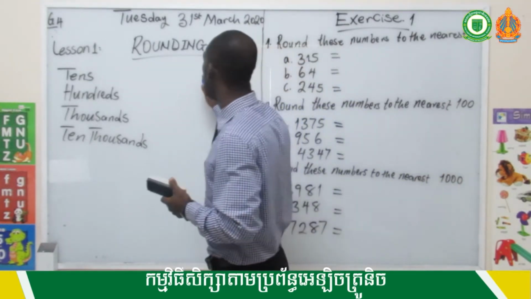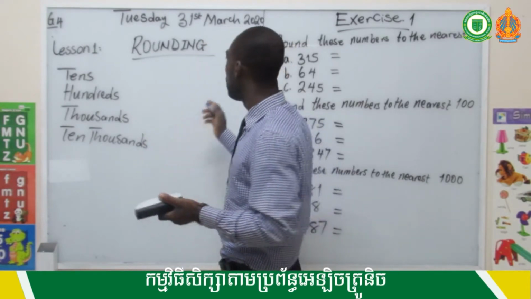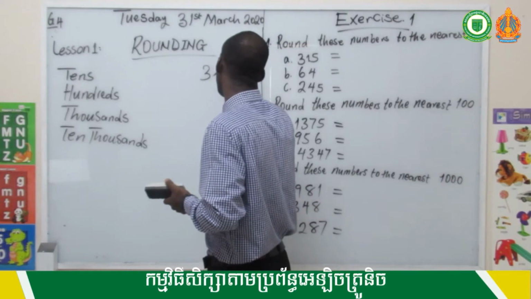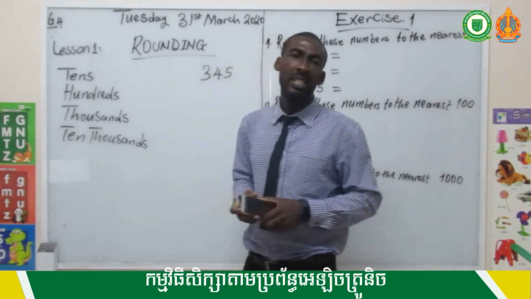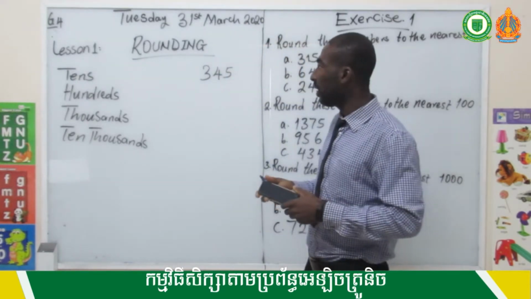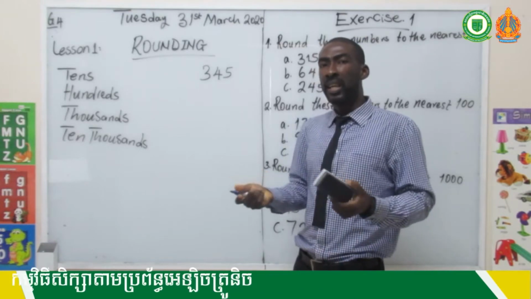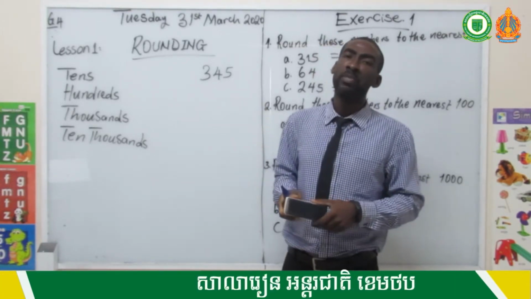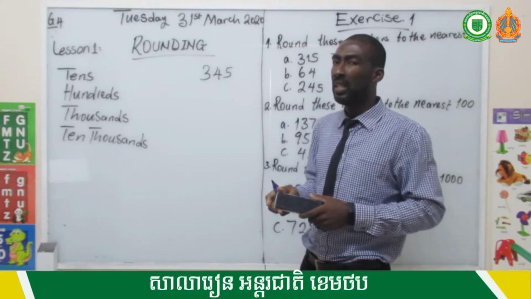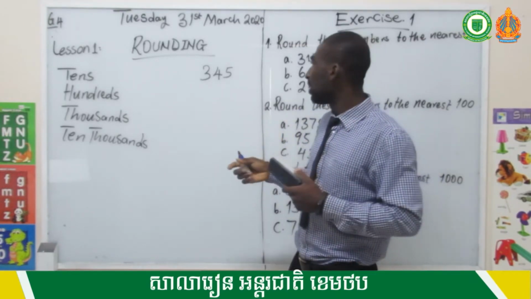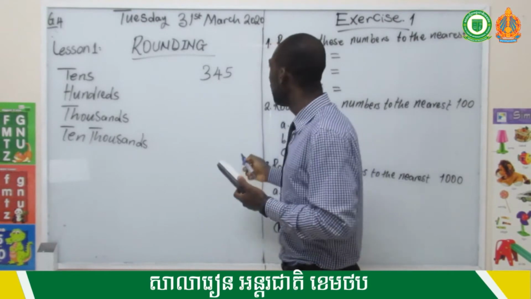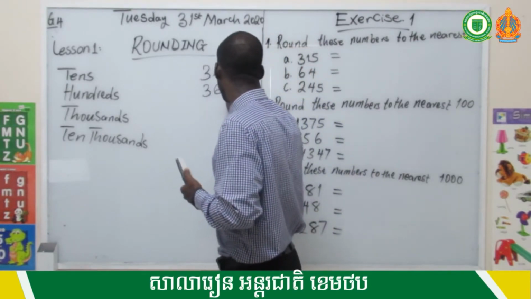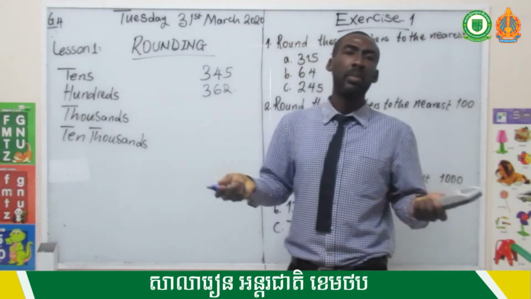Let's say your estimate is like, when you went to the market, you saw 345 persons in the market. And then the question comes again, are you really sure that you saw 345 people at the market? Then you make another guess and say, you're not quite sure, but maybe you saw 362 people at the market.